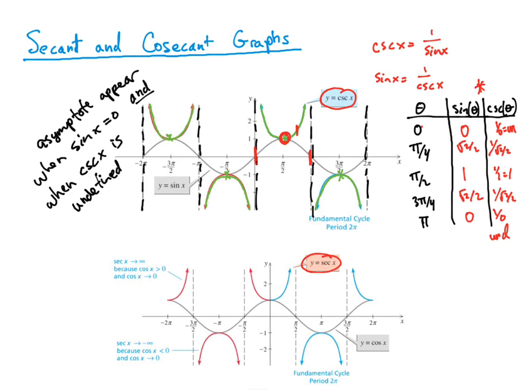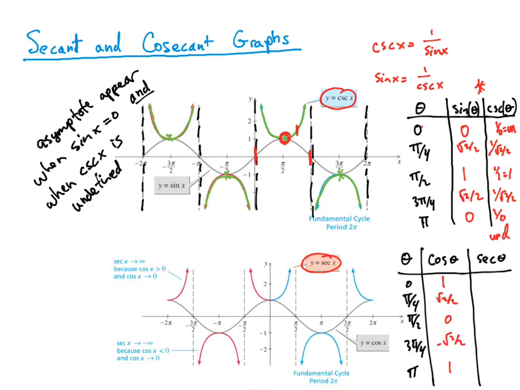If I make another table with cosine, secant, and theta in this table: cosine of theta, if we start at 0, we're going to get a value of 1, and then that value for cosine is decreasing. We get root 2 over 2 at pi over 4. We get 0 at pi over 2. We get negative root 2 over 2 at 3 pi over 4, and then at pi, this should be negative 1. And then it's going to increase again.